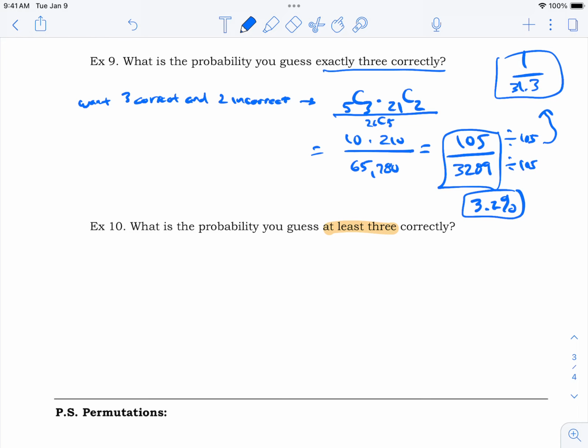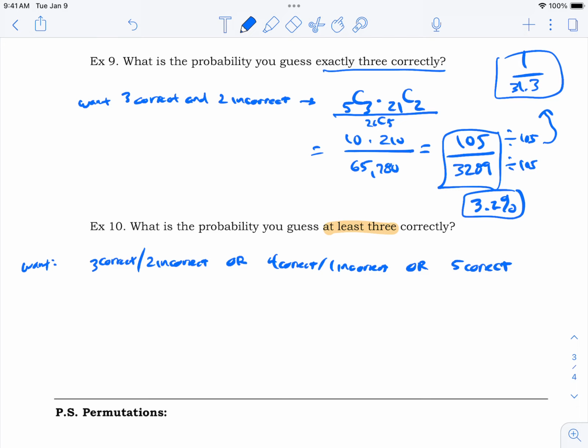You have to ask yourself, how many ways can we get at least 3 correctly? What we would want is either 3 correct and 2 incorrect, or 4 correct with 1 incorrect, or 5 correct.